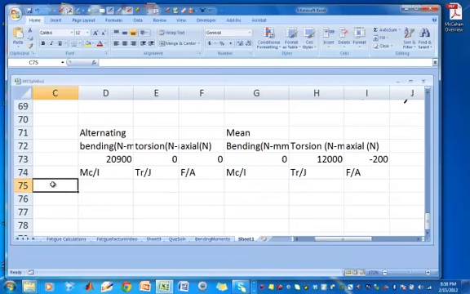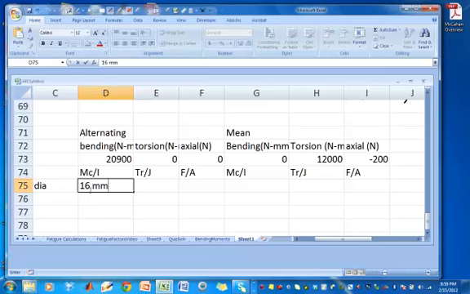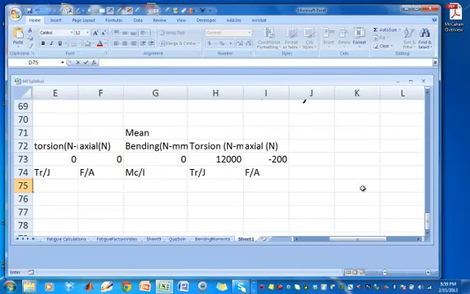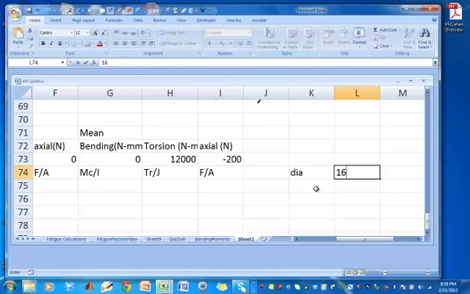So diameter 16 mm. I'm going to write diameter 16 here on the side. Okay, so c is 8 mm.